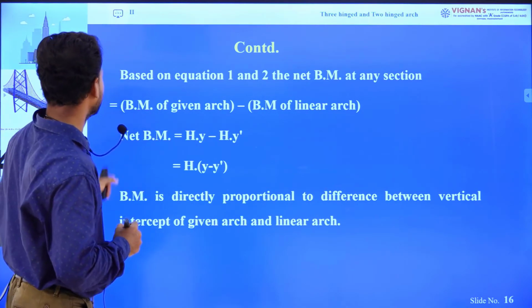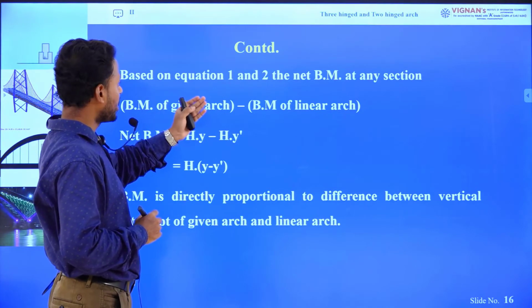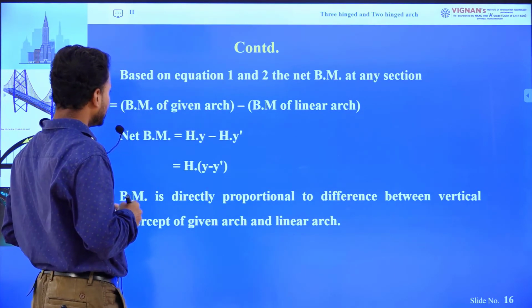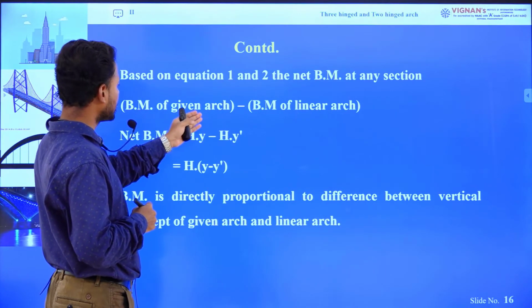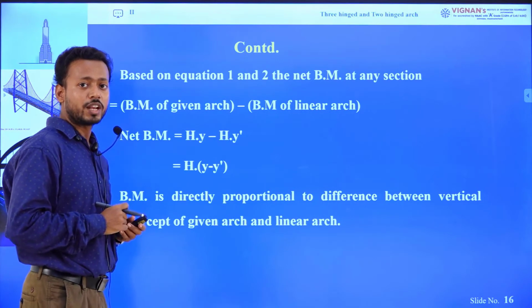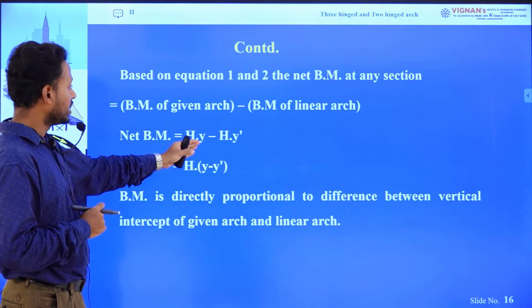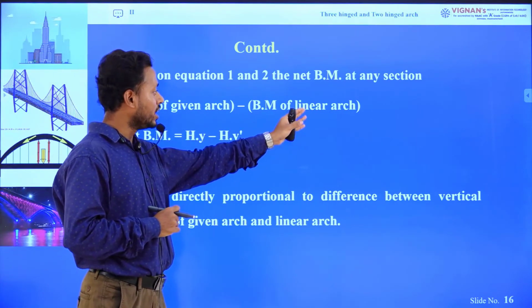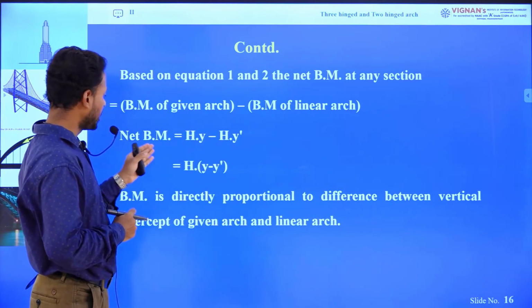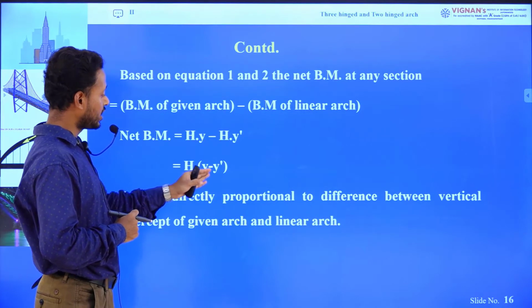Based on equations 1 and 2, the net bending moment at that cross section will be the bending moment of the given arch minus the bending moment of the linear arch. The bending moment of the given arch we calculated as H into y, and the bending moment of the linear arch as H into y dash. So the net bending moment will be H into (y minus y dash).